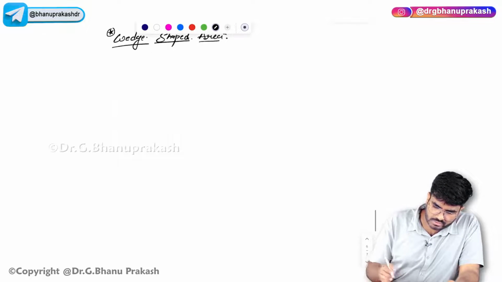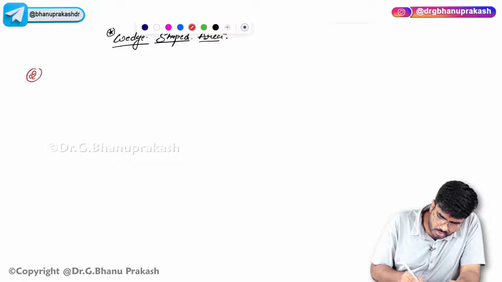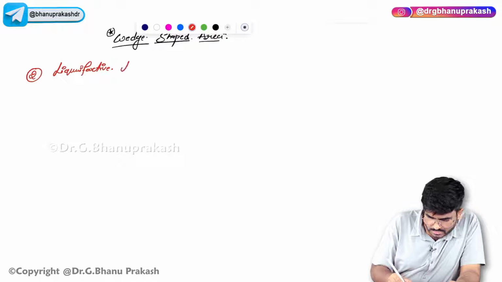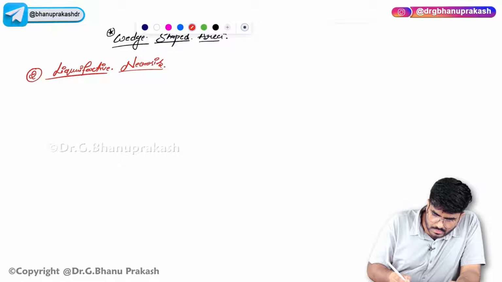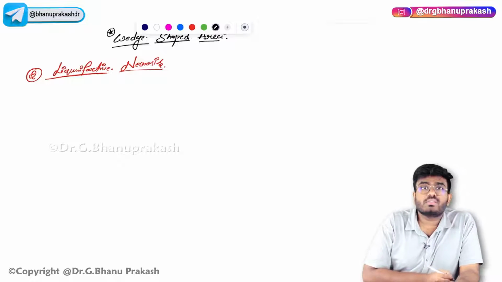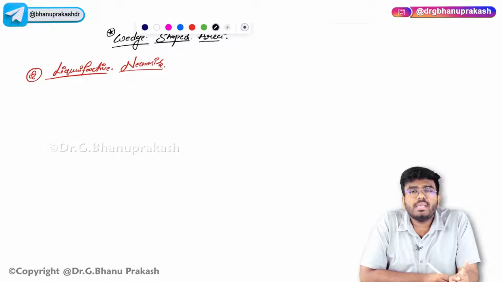Now, after coagulative necrosis, the second type is called as liquefactive necrosis. What is the difference between coagulative necrosis and liquefactive necrosis? In coagulative necrosis, the tissue architecture is preserved.